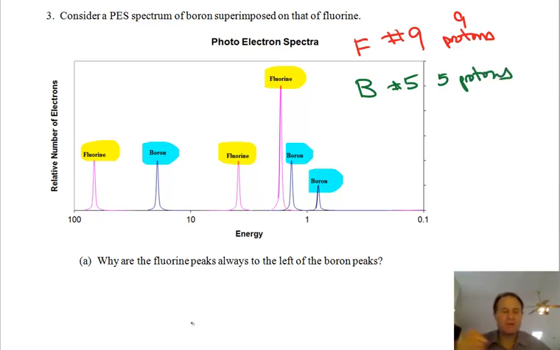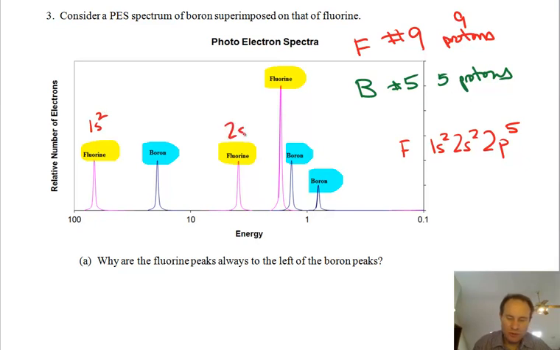Okay? So as I think out loud here, for fluorine I would be thinking 1s2, 2s2, 2p5. So fluorine would be 1s2, 2s2, 2p5.